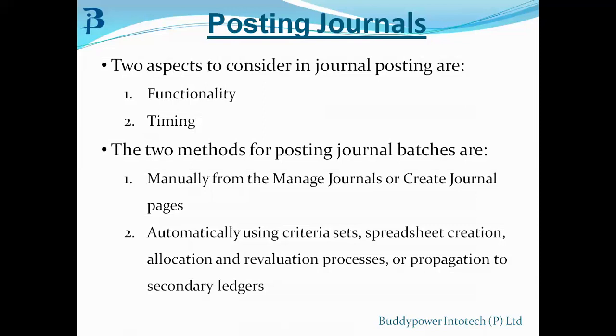The second aspect is the timing. Now the journal entries can be posted to a current year or the prior accounting period or to an open prior fiscal year. But when you post to a prior period, the general ledger automatically updates the beginning balances of all your subsequent periods, even if the period is closed.